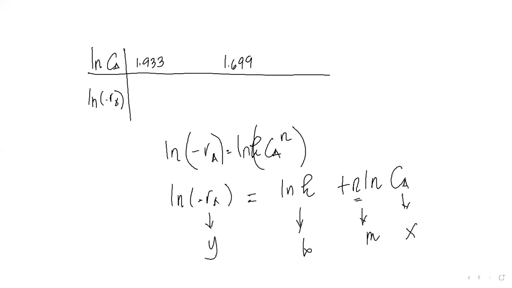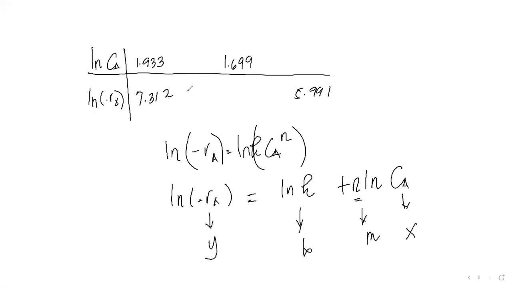Fourth value, same with RA. If someone has already solved the ln of RA, first RA value, 7.312. Fourth RA is 5.991. So, thank you, Antoinette.